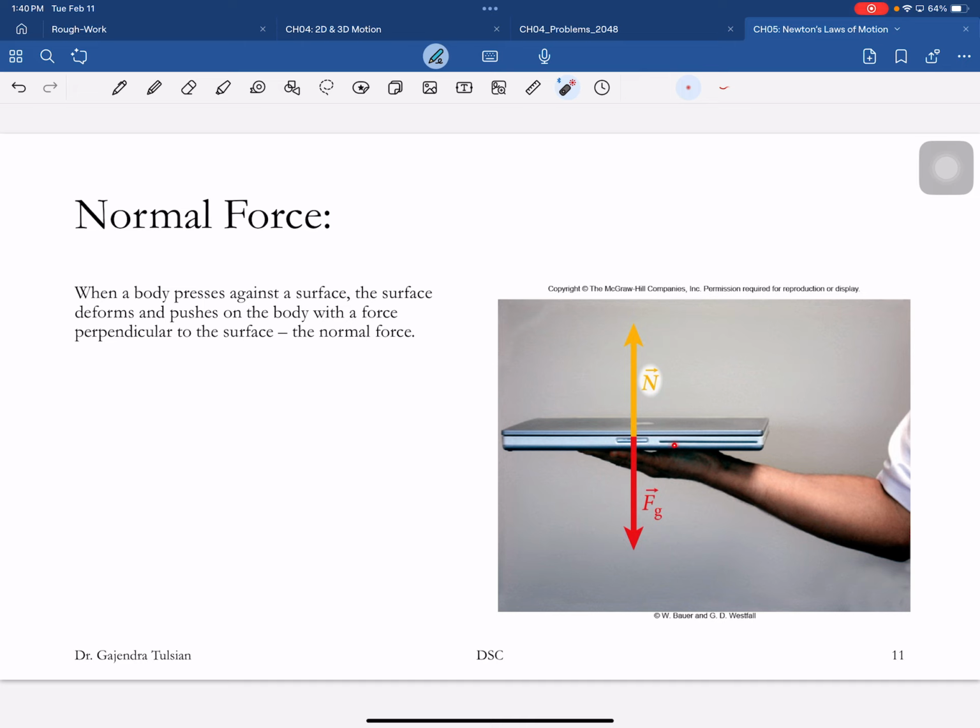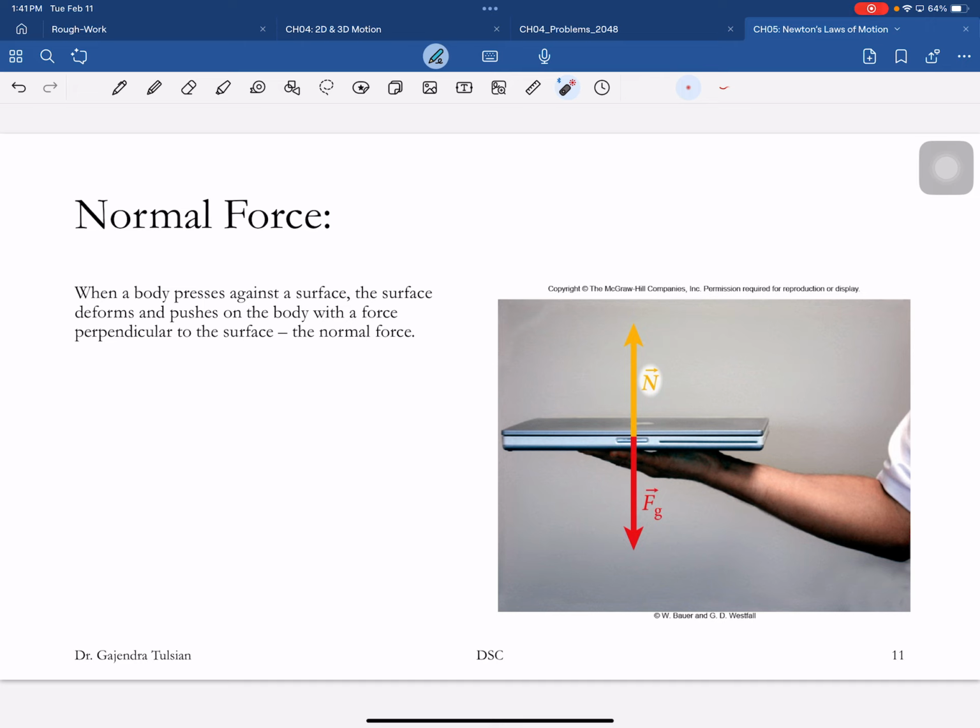And what happens is these atoms push on the atoms in your hands. The electron clouds deform a little, and that electrostatic repulsion, that's the force that's being applied. It's called a normal force because it's perpendicular to the two surfaces. So that's the normal force, and this can vary.